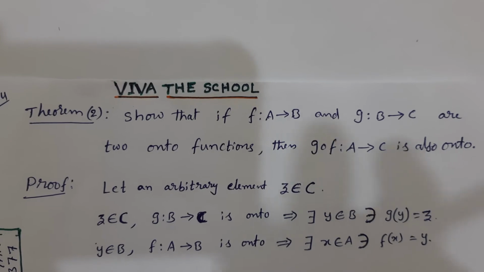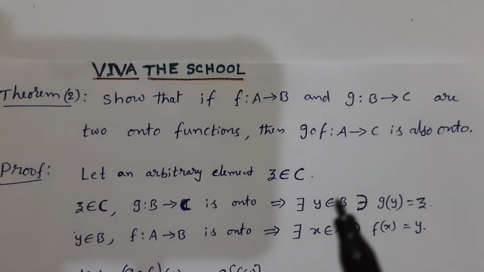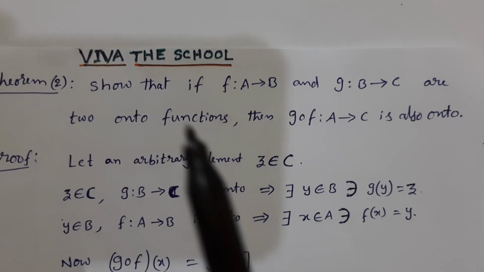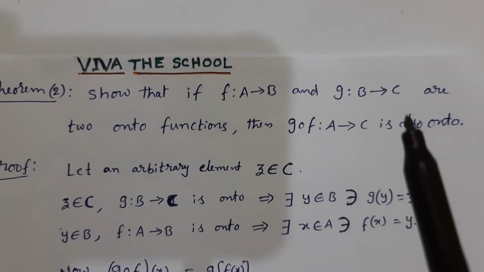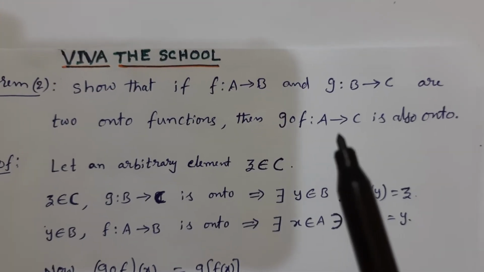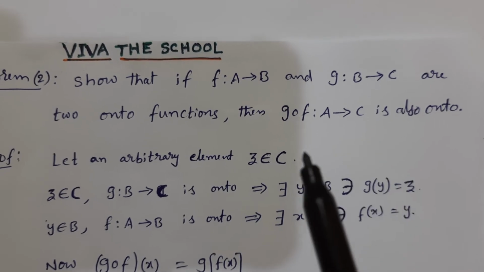Now we will go through the next concept, proving onto function. If f from A to B, g from B to C are two onto functions, then g circle f from A to C is also onto. Now we have to prove.